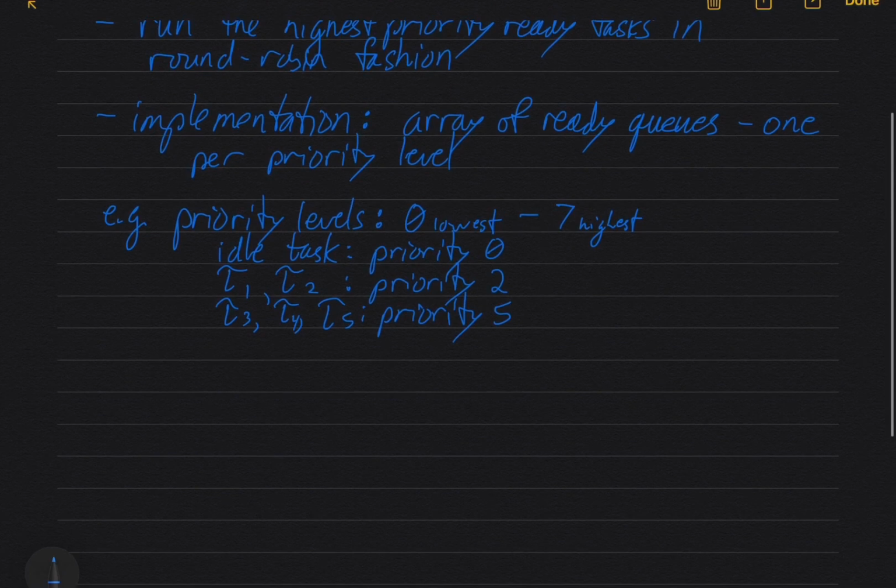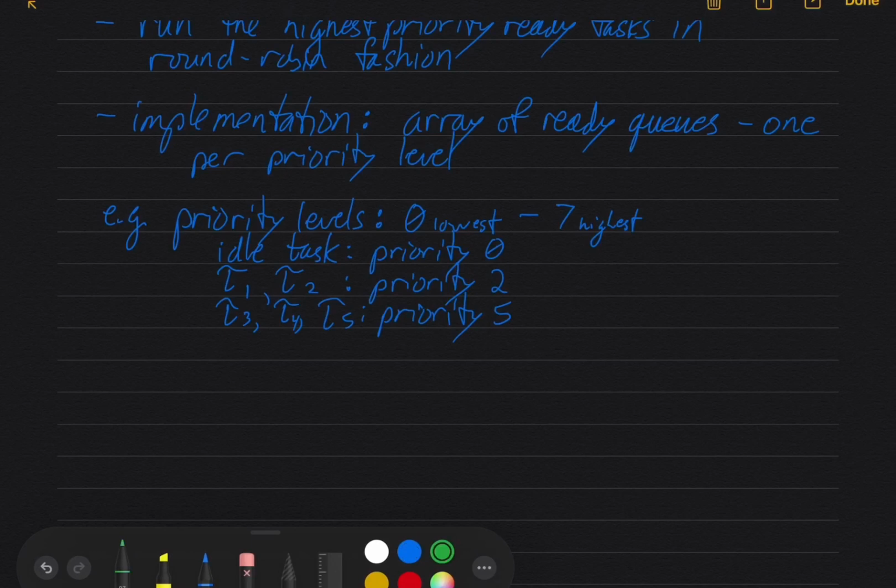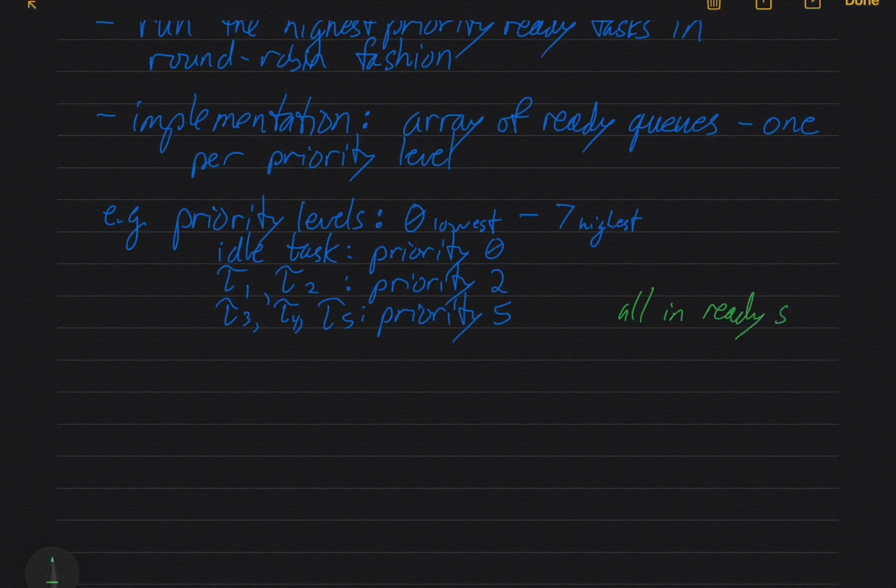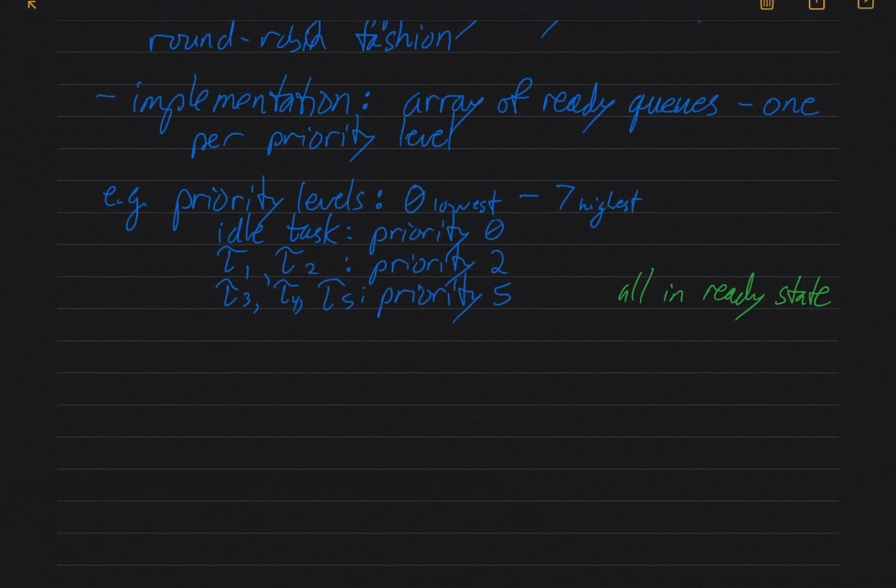And let's just say that it's going to be one of T3, T4, T5 that's going to be running, assuming that these are all ready. So let's just add that. So say all in the ready state. So no task blocked. Our running pointer will point to one of T3, T4, T5. Let's make it T3. So that's an arbitrary choice, because it's just an example.